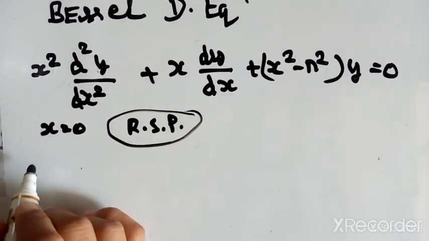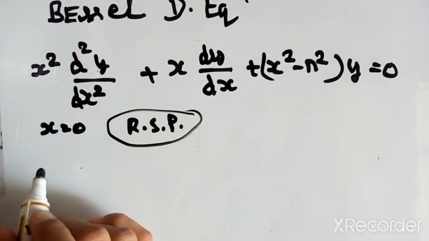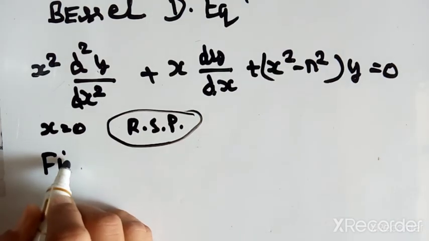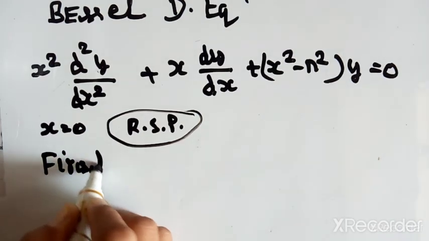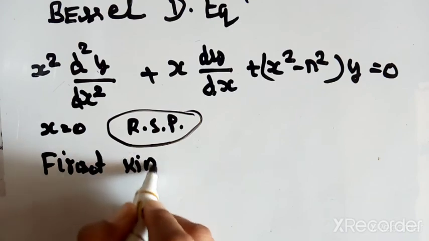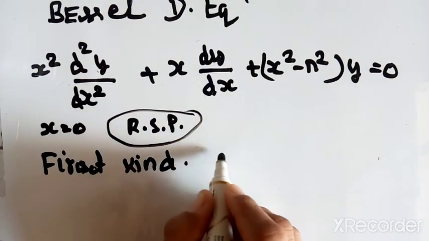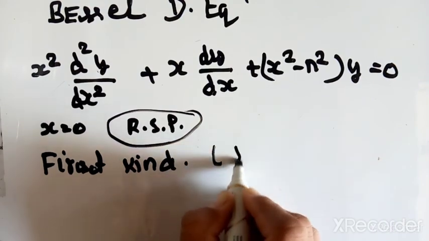Now the first kind means solutions of Bessel differential equation. It is denoted by J n of x.